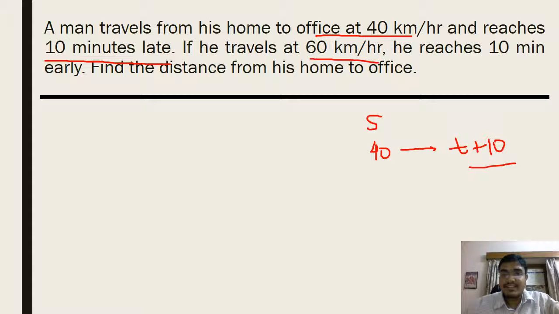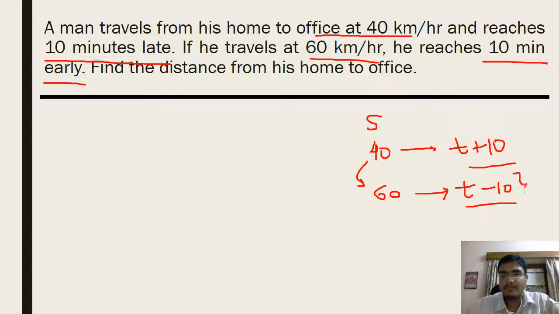If he travels at 60 kilometers per hour, so now he has increased his speed by 20 kilometers an hour. Obviously if speed is increased, time required to reach office would be a bit less. So he reaches 10 minutes early, at t minus 10 minutes.